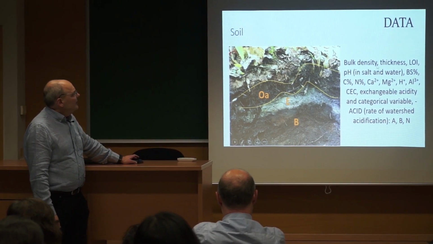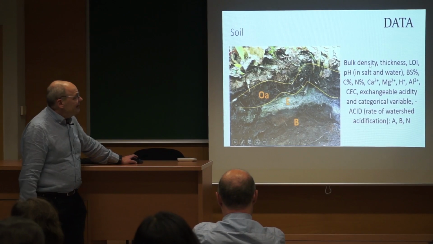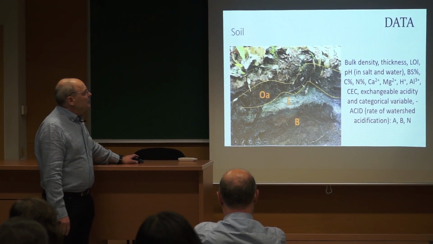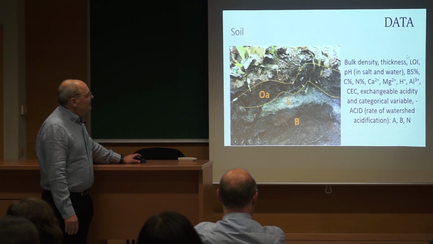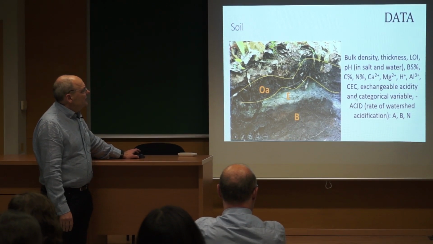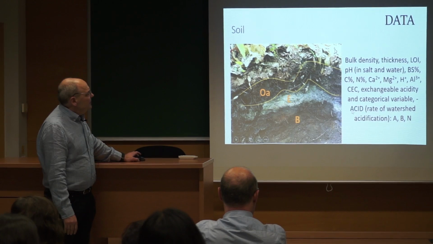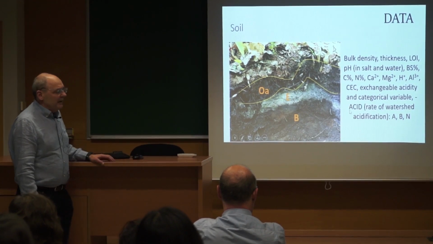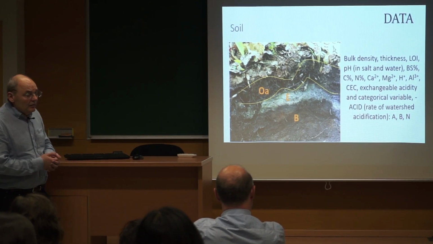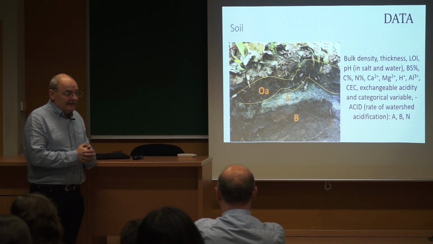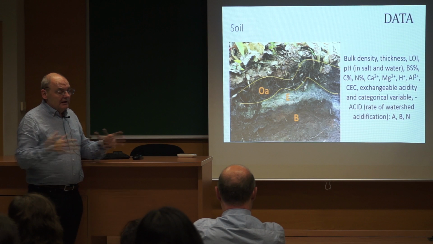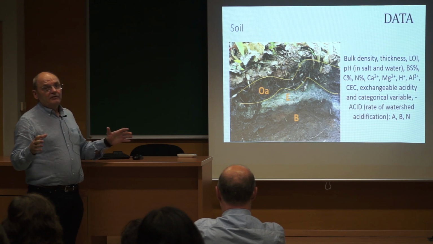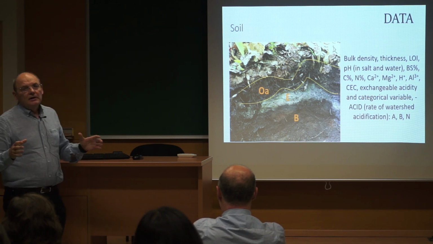Now, for soil data, we use bulk density, loss on ignition, pH measured in salt and water, base saturation, cation exchange capacity, and so on. And we also use our own variable, a categorical variable we call acid, A, B, or N. This categorical variable represents overall acidification of soils in the watershed.